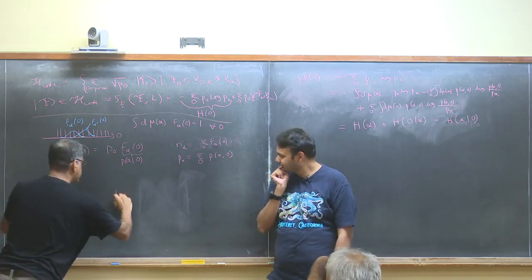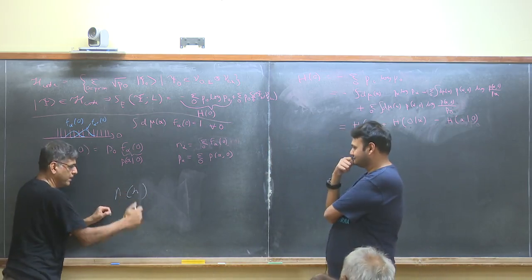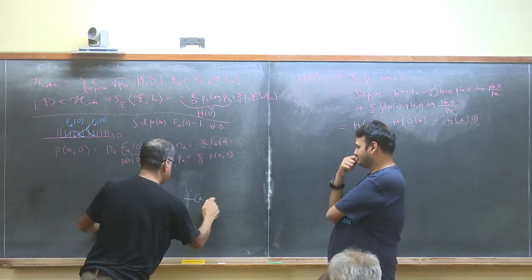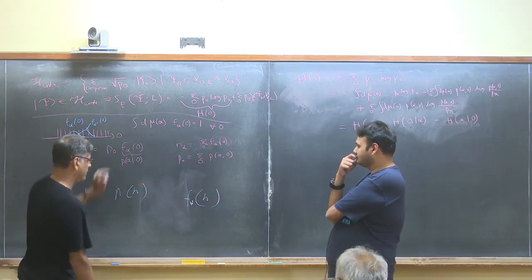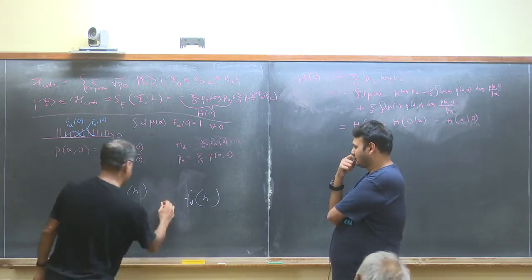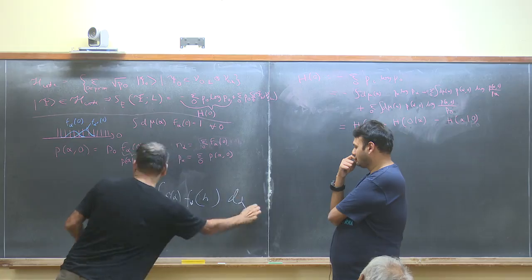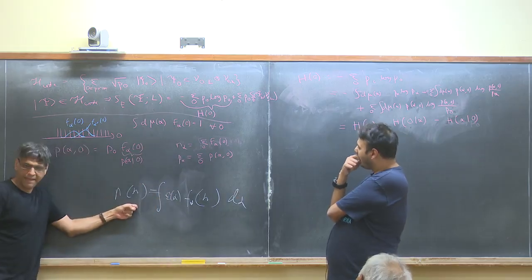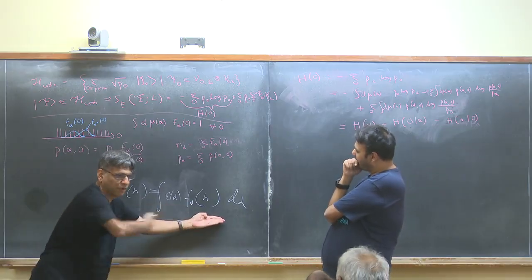So P is some function of H. Given every H, you have a probability. F alpha, I'm going to put down here, is also a function of H. And so I should be able to write PH as the integral of some zeta alpha times F alpha d alpha, right? Because this is some basis in the space of all probability distributions of H.